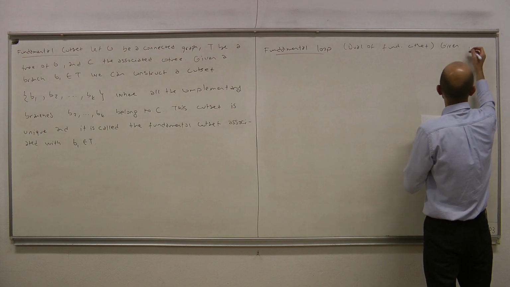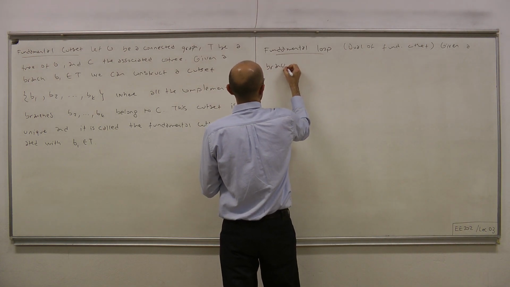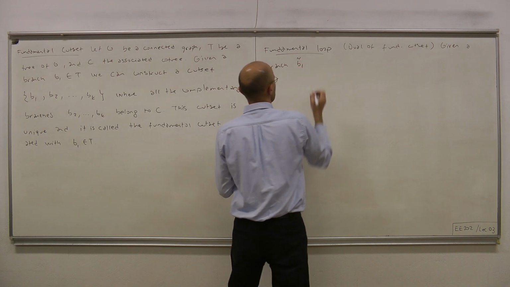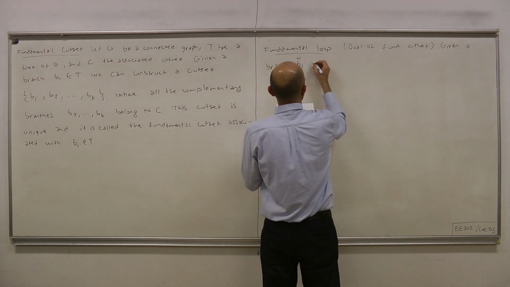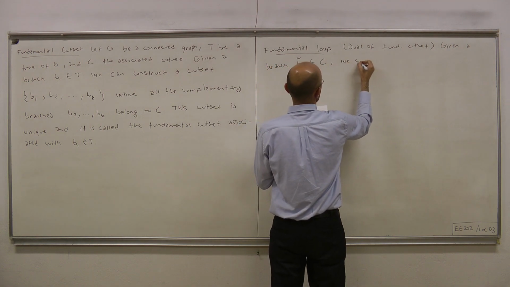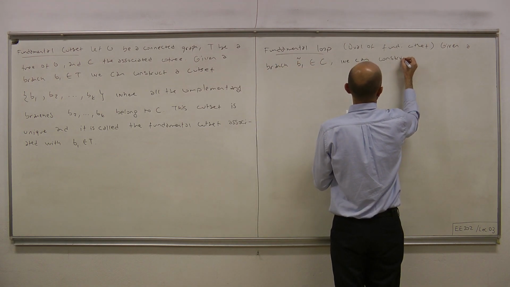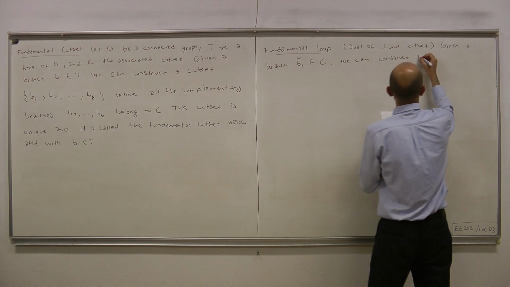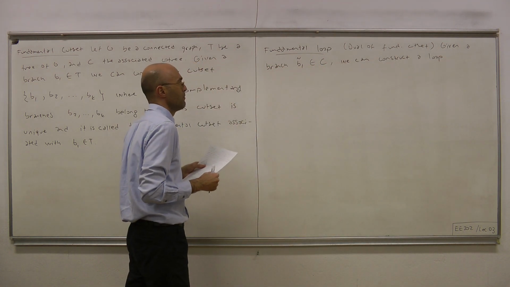Given a branch, let's call it B1 tilde, that belongs to Cotree C, we can construct a loop. A loop is a closed path.